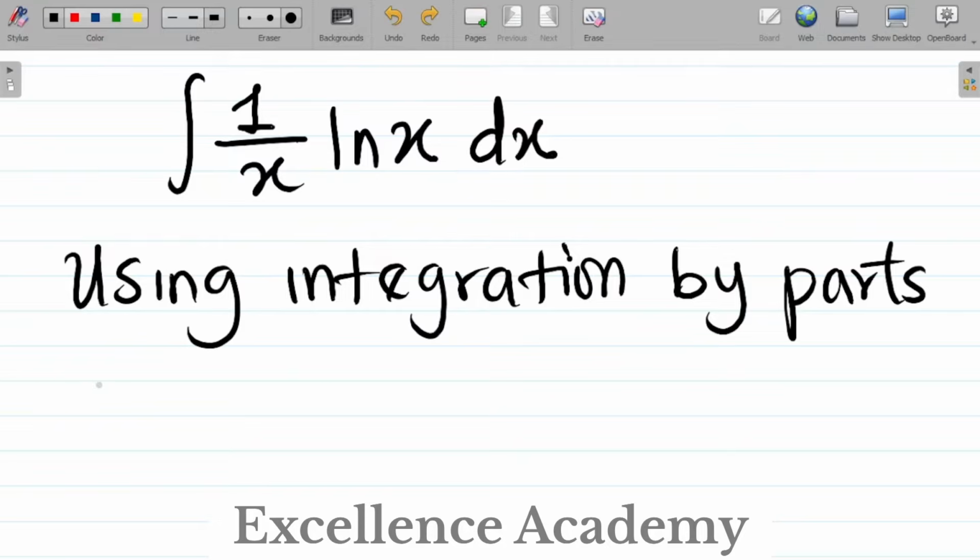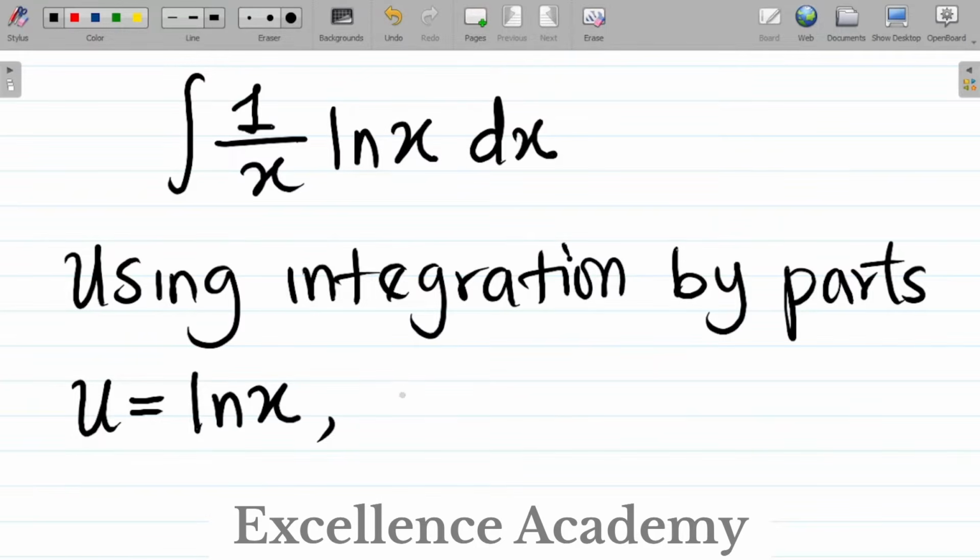So in this case, you take u as being equal to, now you want to note that whenever you're solving questions involving integration by parts and you have either a ln or a logarithmic function, then u is usually equal to that ln or that logarithmic function. So u will be equal to ln x.